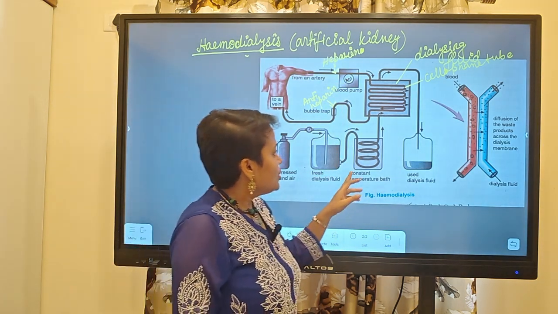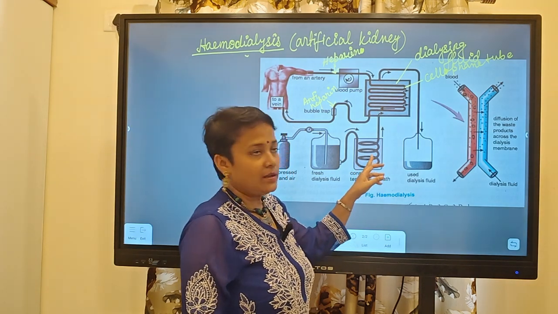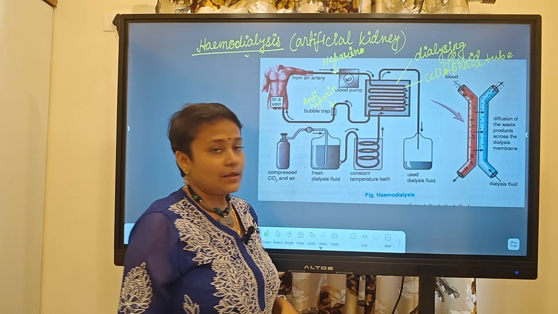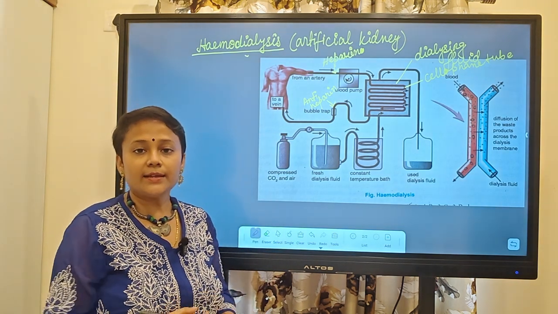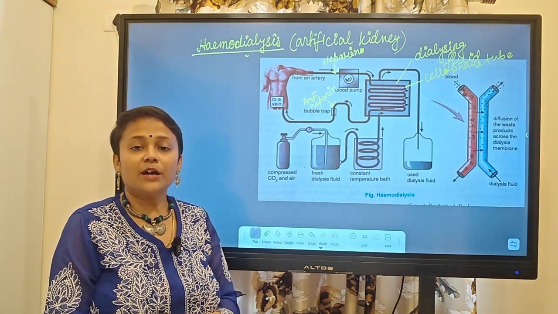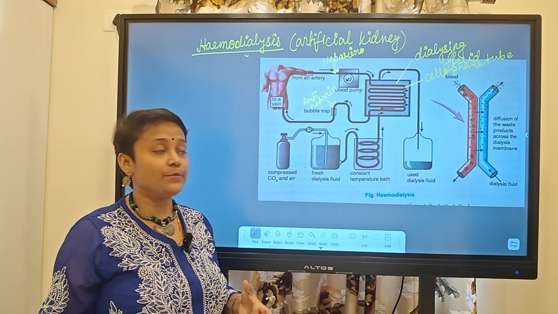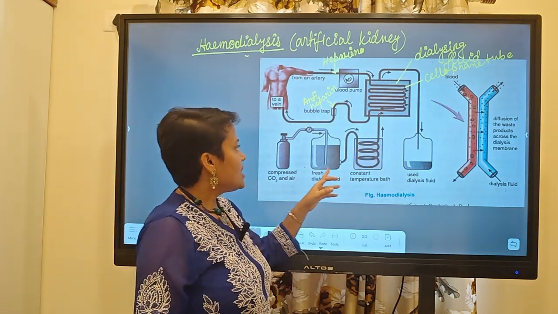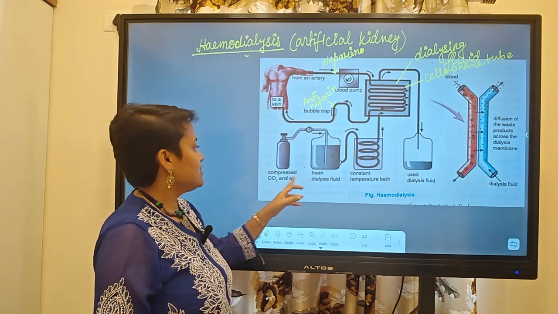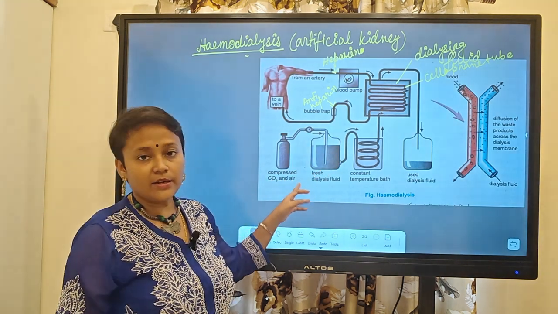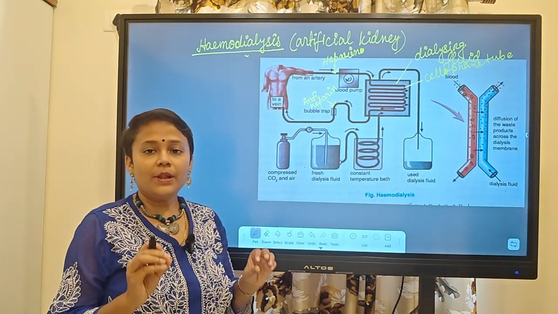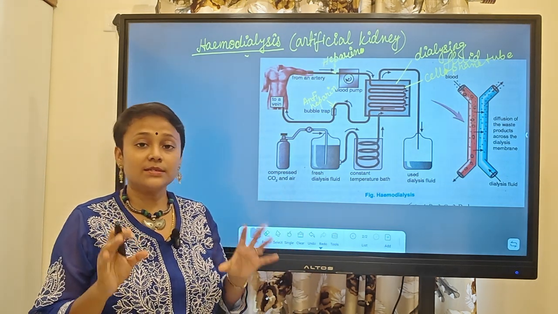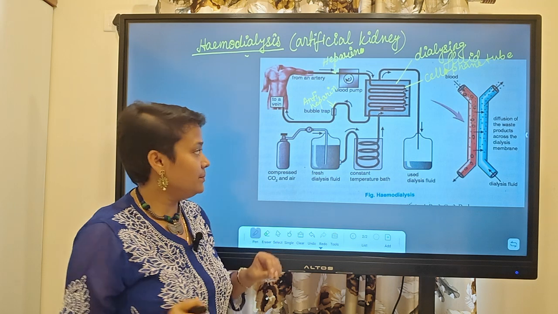So here, when the dialyzing fluid is transferred into the dialyzing chamber, the temperature has to be maintained, because the blood is taken directly from the human body. So for that there will be a constant temperature bath, and there will be compression of carbon dioxide and air to maintain the carbon dioxide concentration and air in the blood.